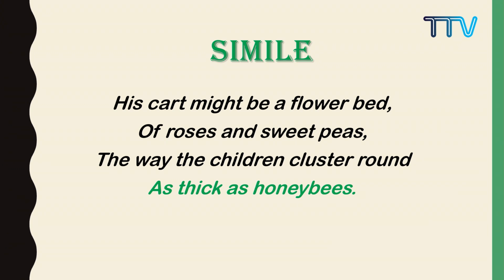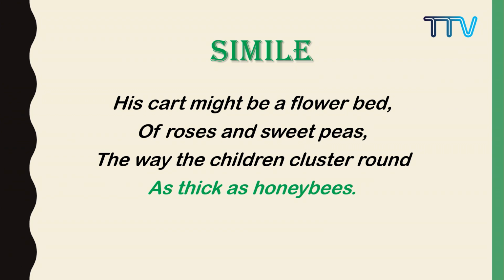So the ice cream man's cart, and the way the children gather round that cart, the poet has compared to honeybees. You have seen how honeybees gather in groups, isn't it? The swarms of bees, right? So, as thick as honeybees.